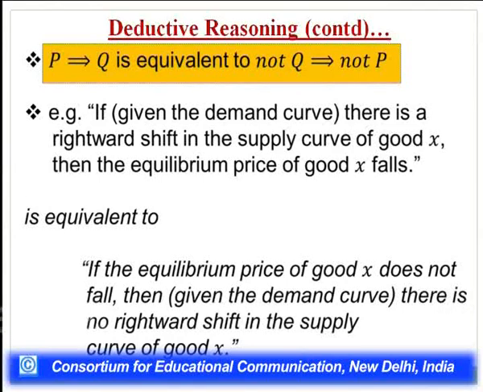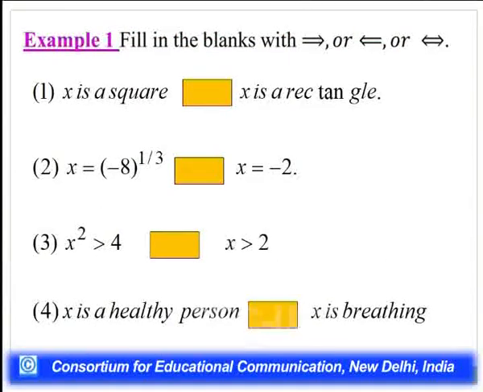Proposition P could be there is a rightward shift in the supply curve of good X given the demand curve, and proposition Q could be the equilibrium price of good X falls. So P implies Q, and this is equivalent to saying that not Q implies not P, so that if the equilibrium price of good X does not fall, then given the demand curve, there is no rightward shift in the supply curve of good X. So we can use either one of these statements.